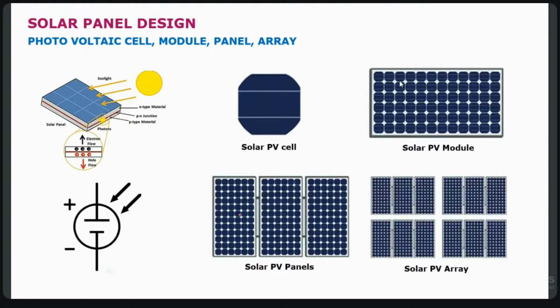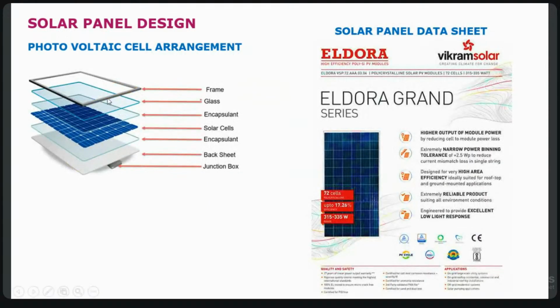So a solar park contains a combination of PV panels, the panels contain a combination of modules, and the modules consist of solar PV cells. This is how solar cells, solar module, solar PV panels, and solar array are arranged.